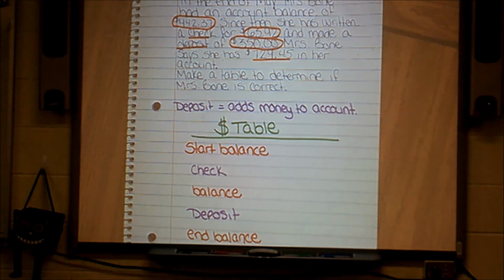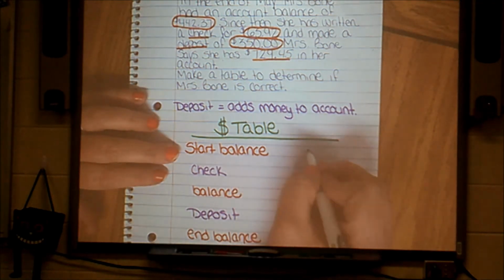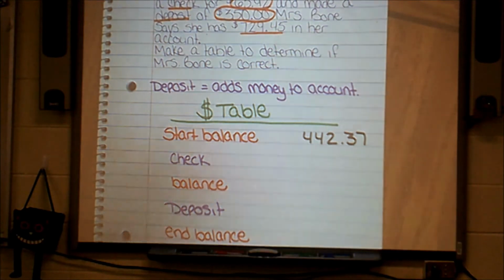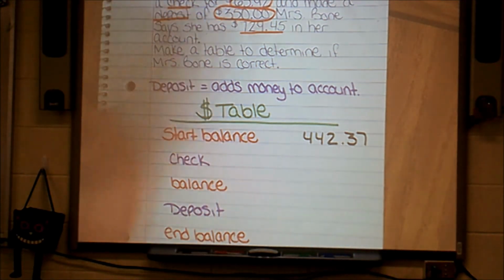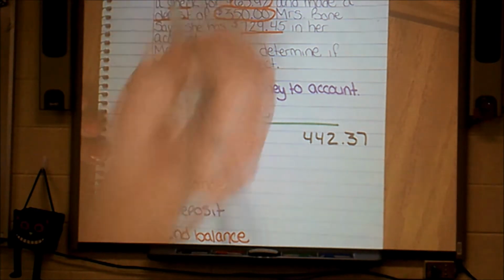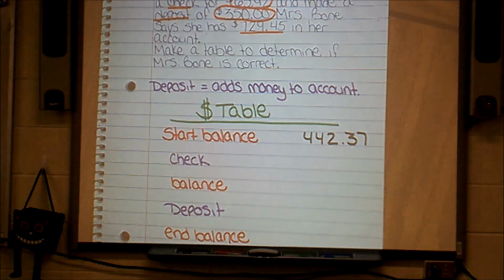what quantity of money did she say she had as her starting balance at the beginning of the month? Well, up here in the story passage of the story problem, I see that she had $442.37 as her starting balance. And then, according to my passage, I'm going to put a little check there so I know I used it. She had to write a check for $63.92.